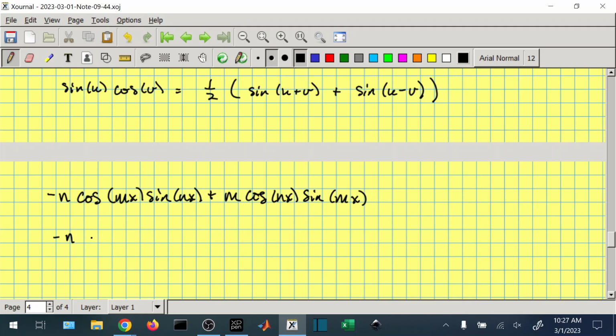Okay, so if we need to replace this cosine, we have sine n, cosine m. So we have sine with an nx here, and we have an mx here. So we're going to get 1/2. I'm going to put that 1/2 outside.